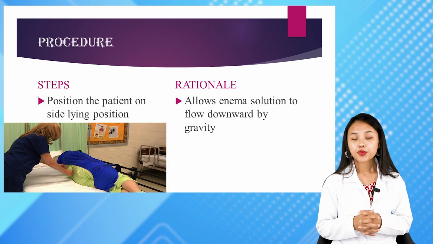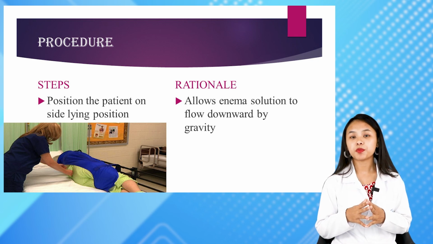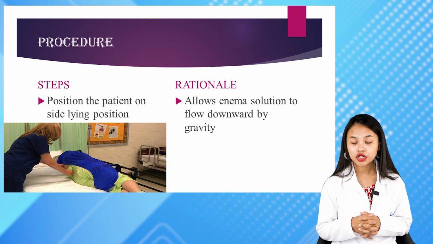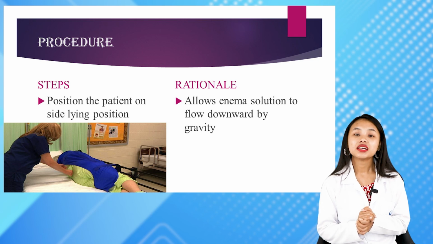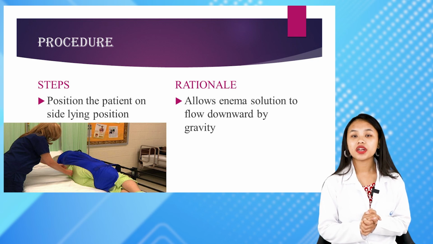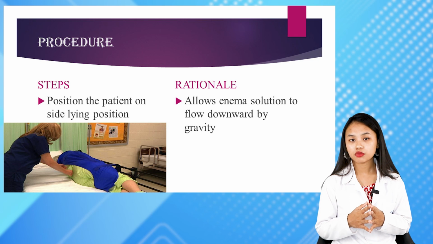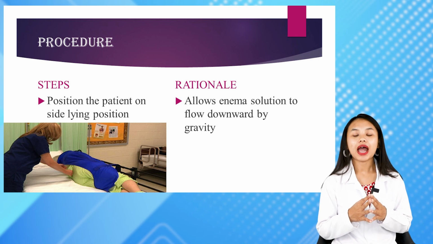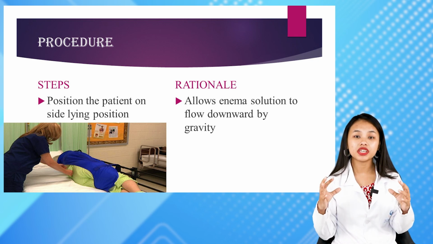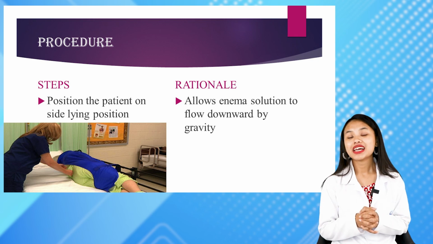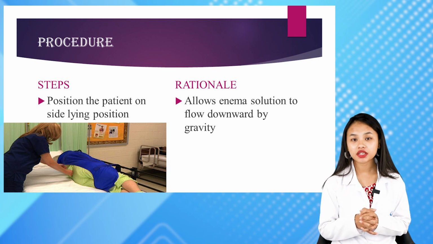Once this is done, we must advise the patient to be in the left lateral position or even the Sims position with their knees flexed, because this allows the enema solution to flow downwards by gravity, along the natural curve of the sigmoid colon and the rectum, thus improving the retention of the solution.